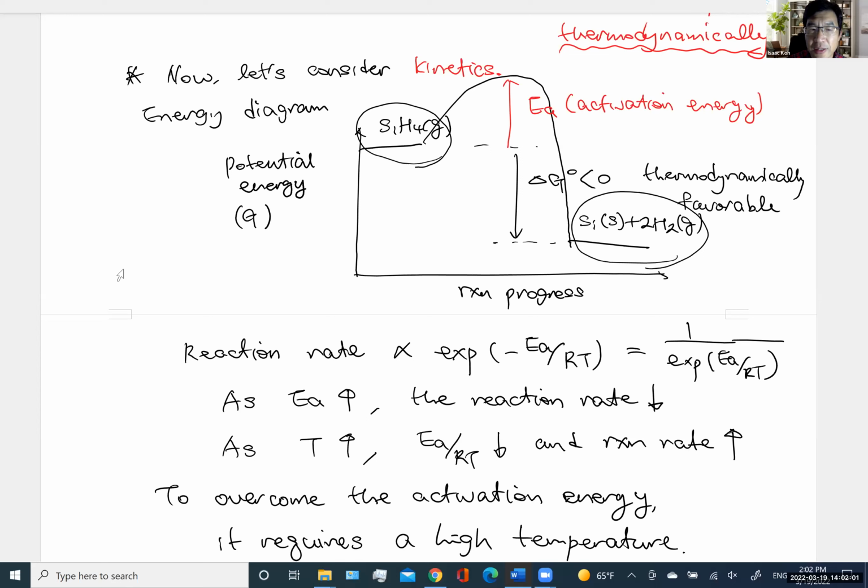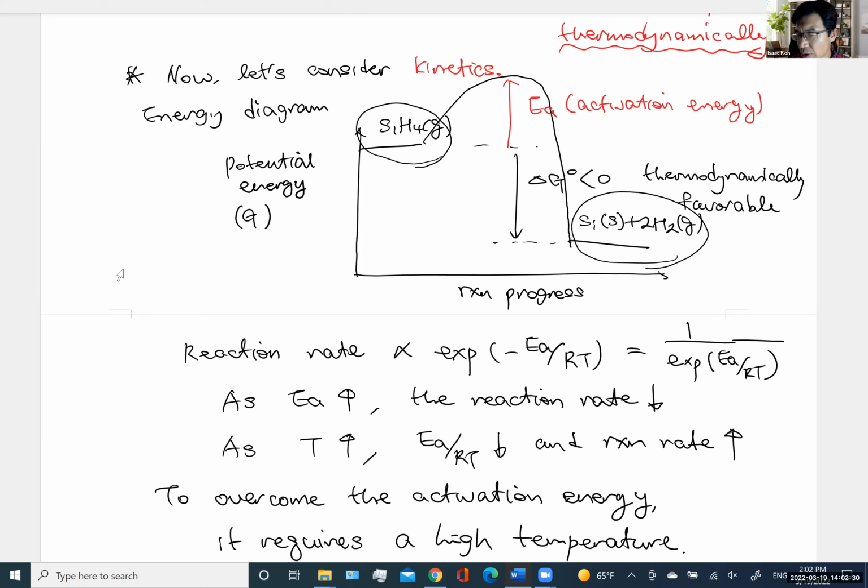So as activation energy increases, the reaction rate decreases, because the exponential term is at the bottom of 1 over exponential, so it is reciprocally proportional. What about temperature? As temperature goes up, the activation energy over RT becomes low, the exponential term decreases, and 1 over exponential increases, so the reaction rate increases.